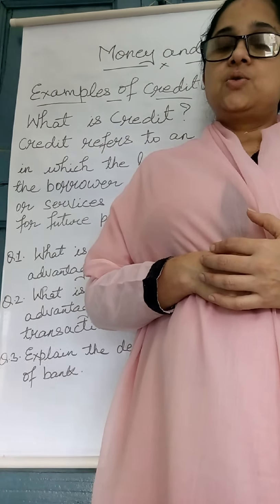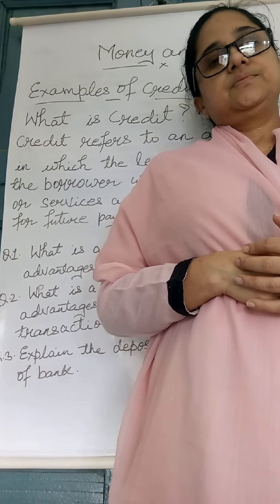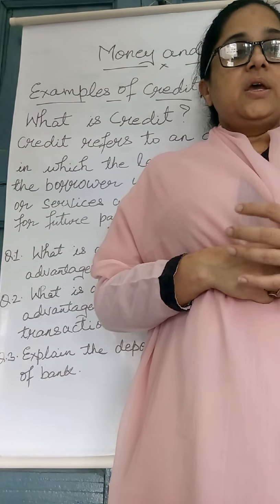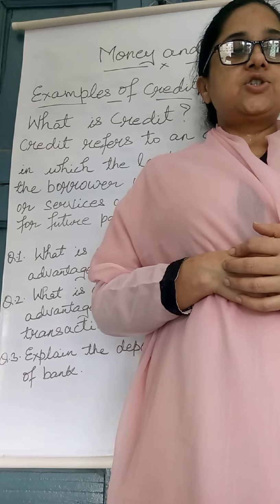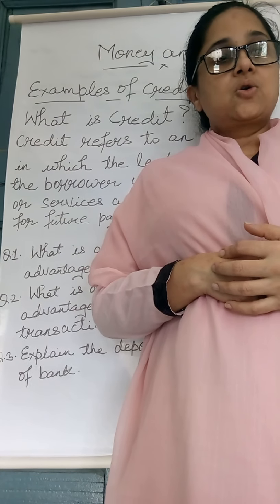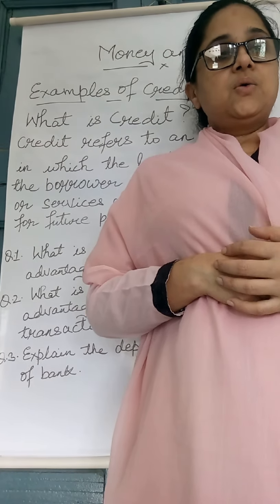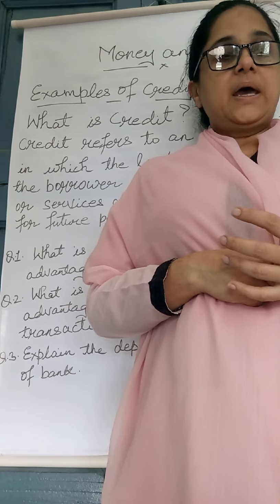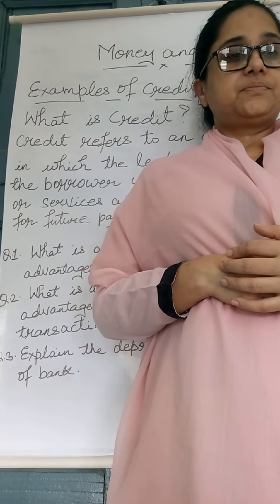Mohanlal obtains credit from two sources. First, he requests the cloth merchant to supply cloth now and promises to pay him at a later time.